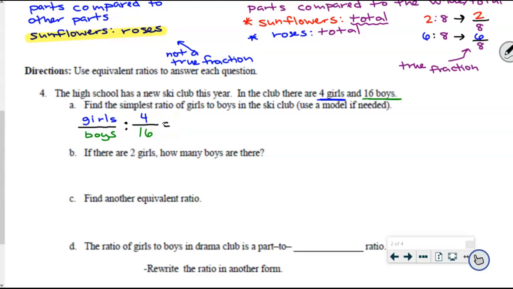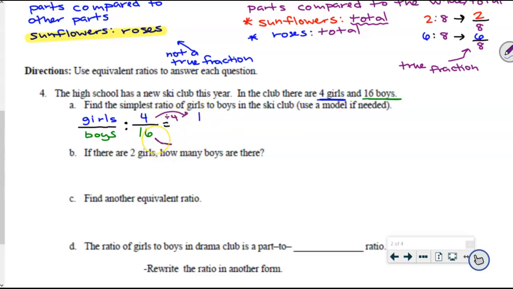4 to 16. As I'm doing this, I'm looking for some common factors. What are the common factors between 4 and 16? Bethany. 4 is the common factor. So when I divide out that common factor, 4 divided by 4 leaves me with 1.